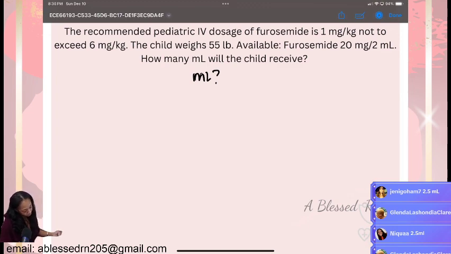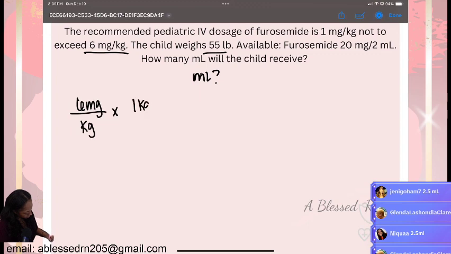So it'll tell you, let's just do the max. So 6 milligrams per kilogram. The patient is 55 pounds. So we'll need 1 kilogram and 2.2. Then we can do 55 pounds. And that'll tell us how many milligrams to give. Okay?